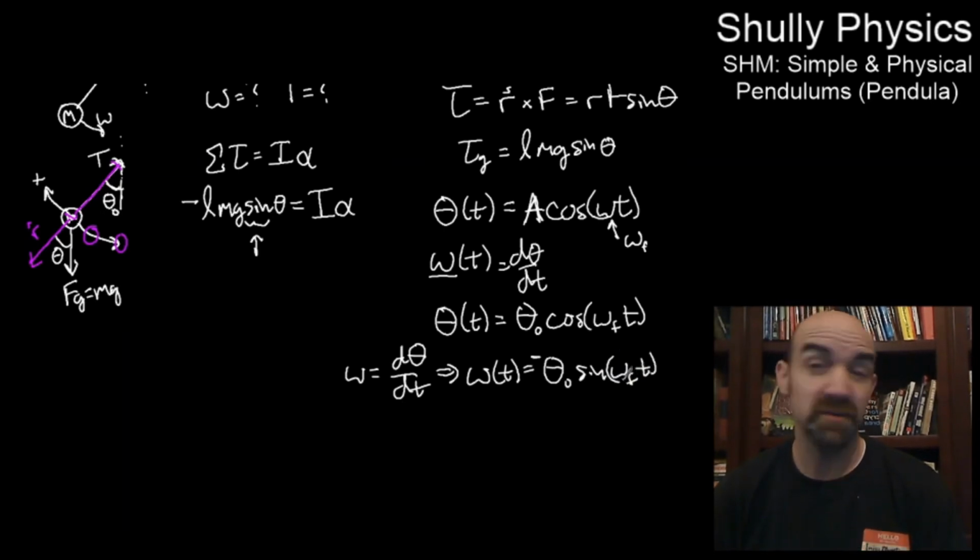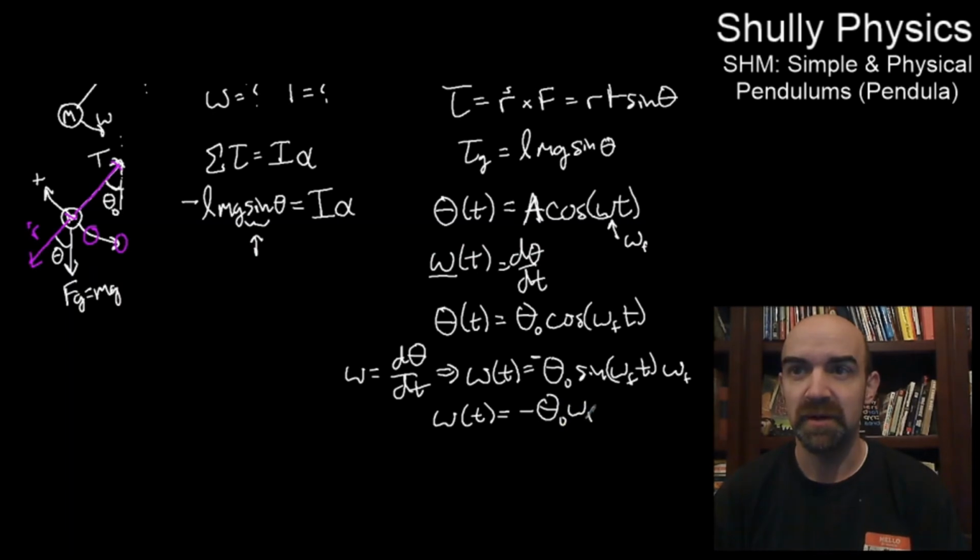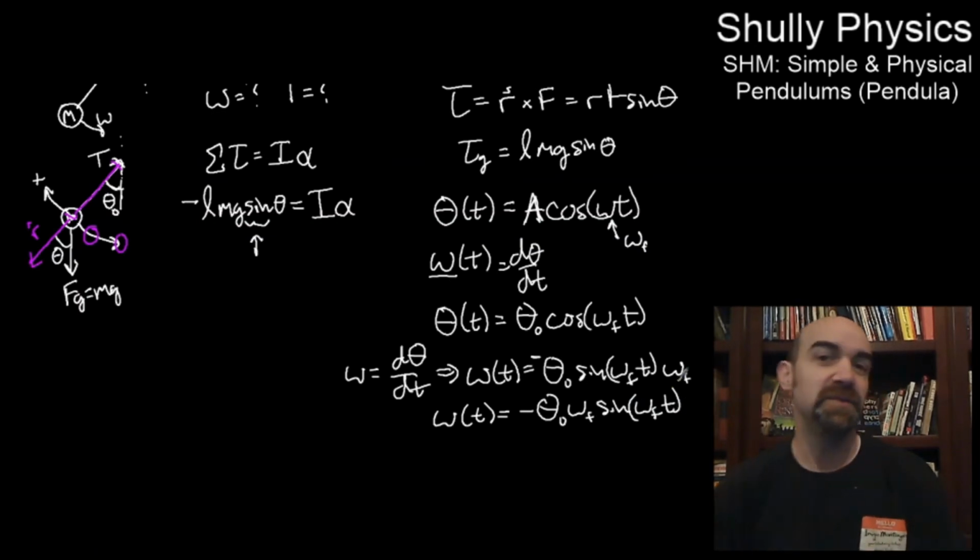Then we have to use the chain rule, take the derivative of what's inside here to get another omega f. So let's clean that up. Our angular velocity as a function of time is negative amplitude, angular frequency, sine of omega t. Okay, and you see the importance now. This is a constant. This is a changing value as a function of time.